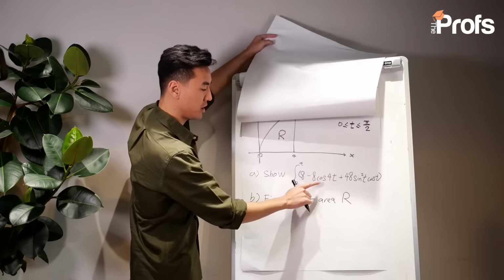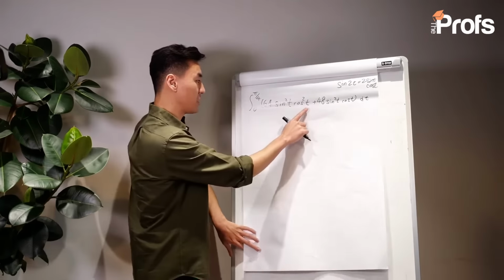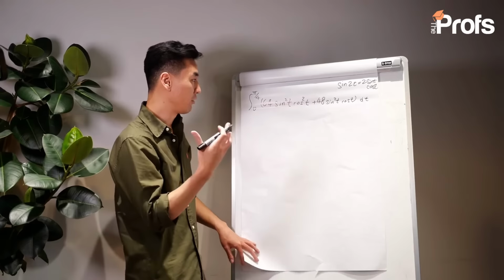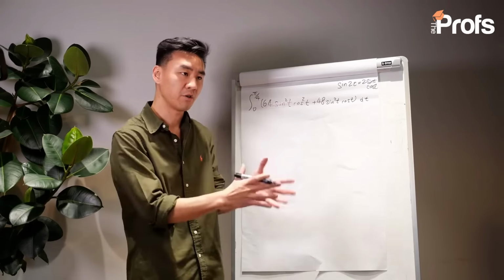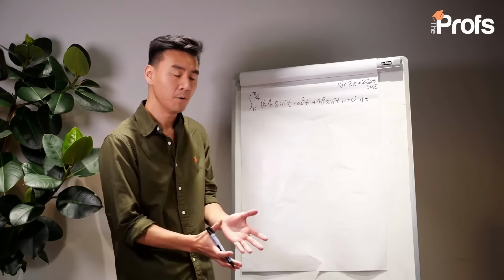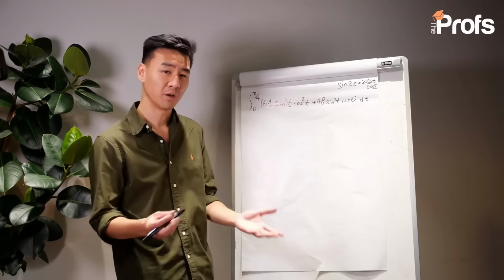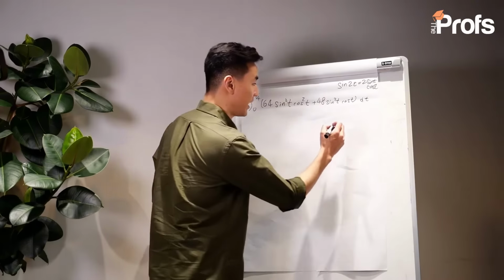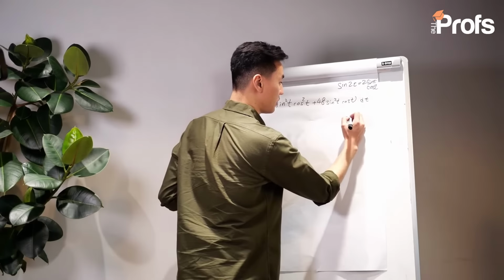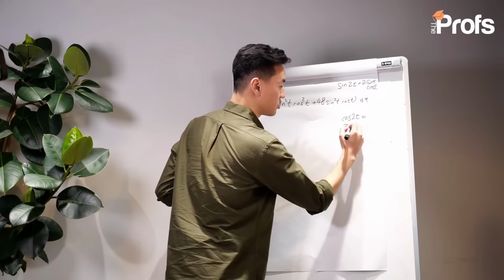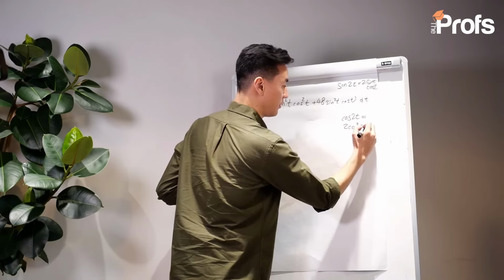We have the cos 4t, but so far what we have is sine squared t, cos squared t. So the thing we should do now is to think of a trigonometric identity that connects cos 4t and sine squared t cos t. Well, one of them springs to mind: the identity cos 2t equals 2 cos squared t minus 1.